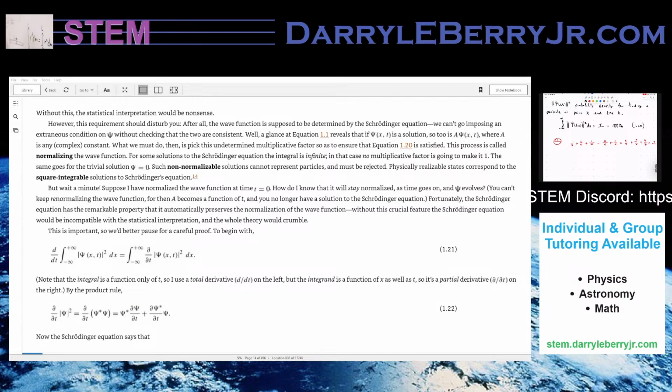It says that without this, the statistical interpretation would be nonsense, as we just pointed out. Without the fact that all the different probabilities have to add up to one, the statistical interpretation wouldn't make sense, because the particle wouldn't be somewhere with 100% probability.